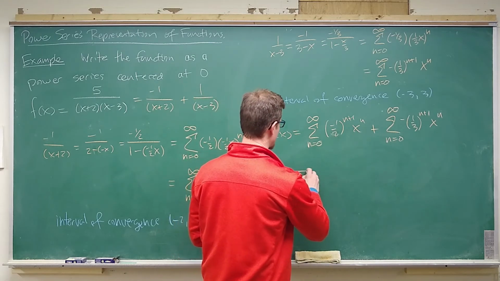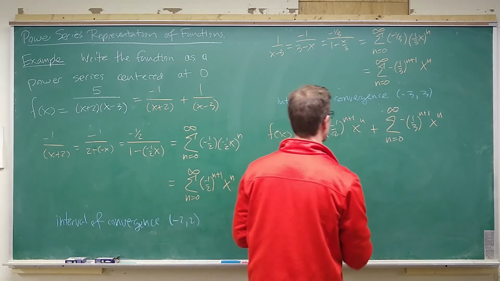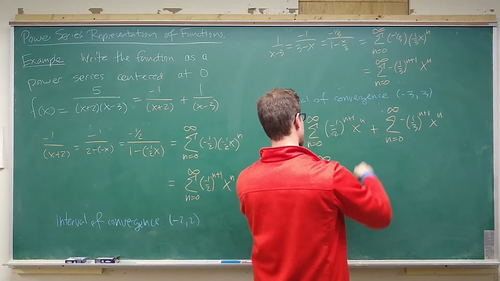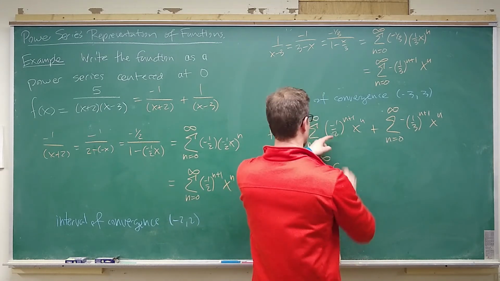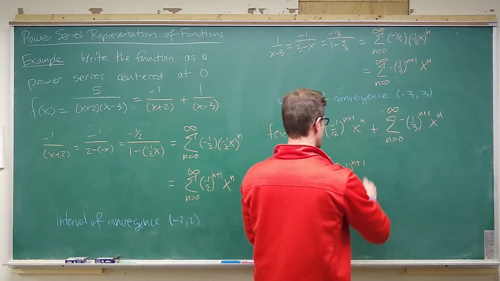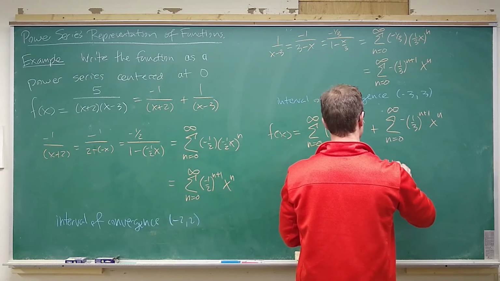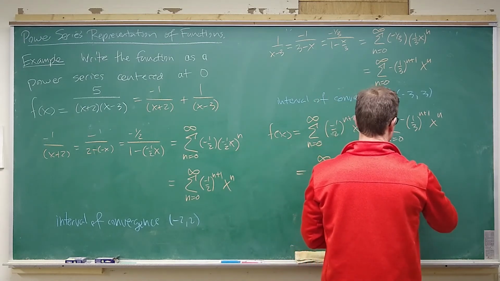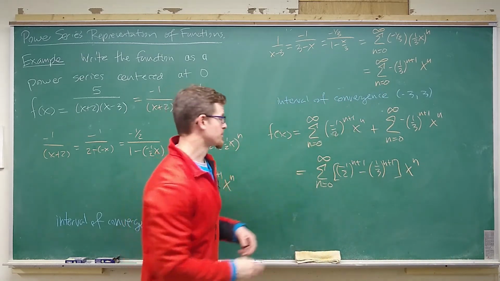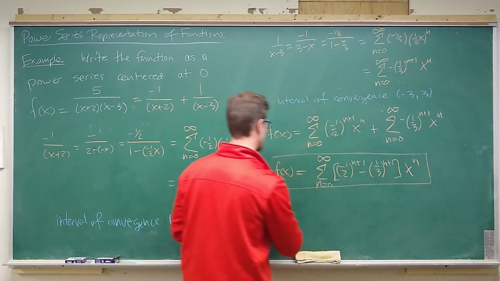If I want to write f of x simply as the sum from n equals 0 to infinity, I have to take the 0th term and put them together, the first term and put them together, to give me -1/2 to the n plus 1 minus 1/3 to the n plus 1 times x to the n. So that gives me a power series representation for f of x.